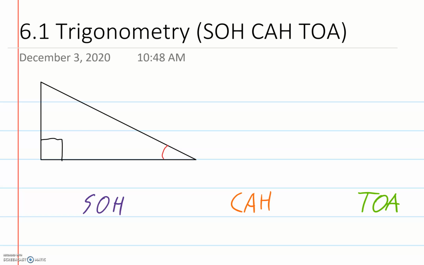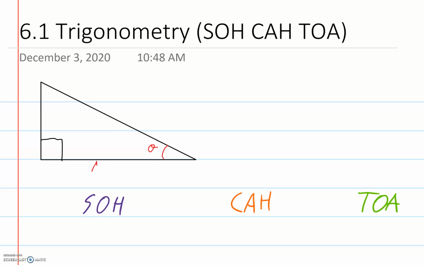So first thing to recognize is that Sohcahtoa needs a triangle, and on top of that, specifically a right angle triangle. What you want to notice is that wherever the angle is, that's what you're talking about when you say the words opposite or adjacent.